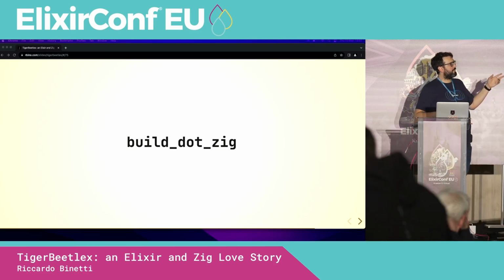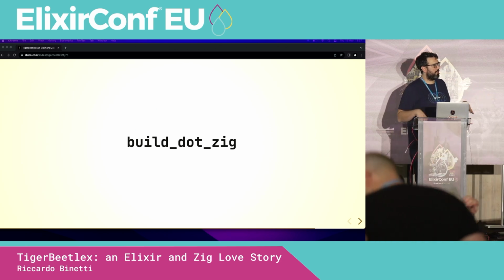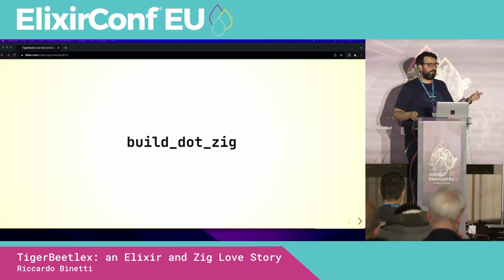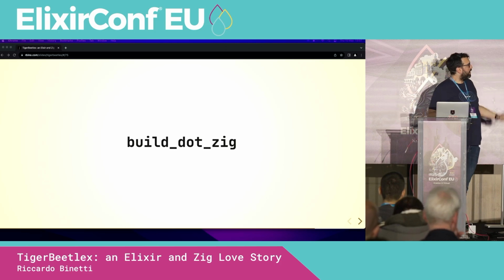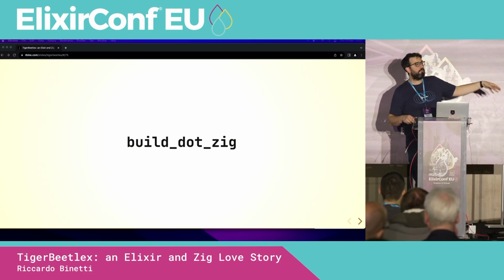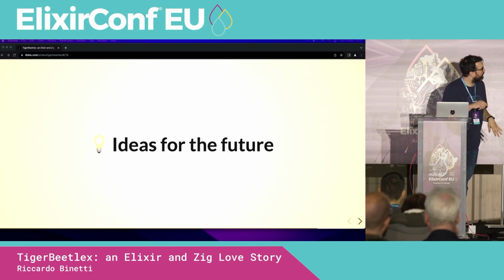And the nice thing is that you don't need anything on your system. It's just going to download the Zig single binary, unpack it, and build your NIF. And you can use it not only for Zig NIFs, but also for C NIFs.